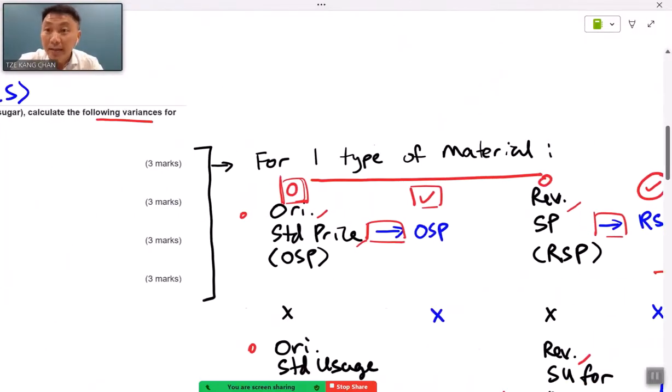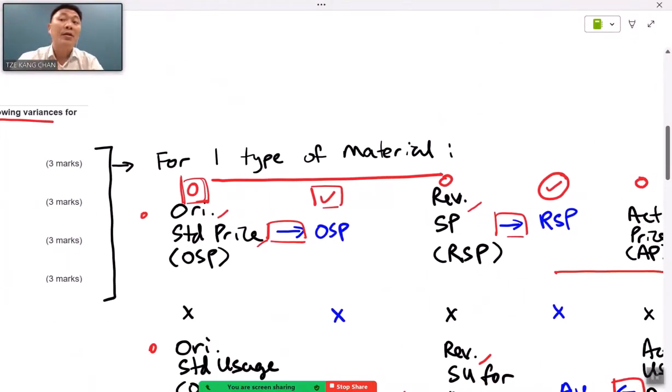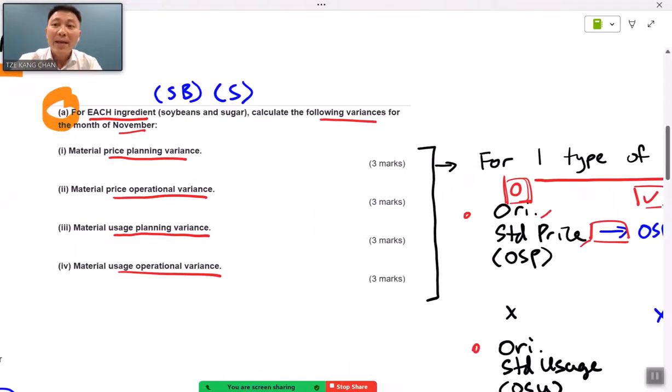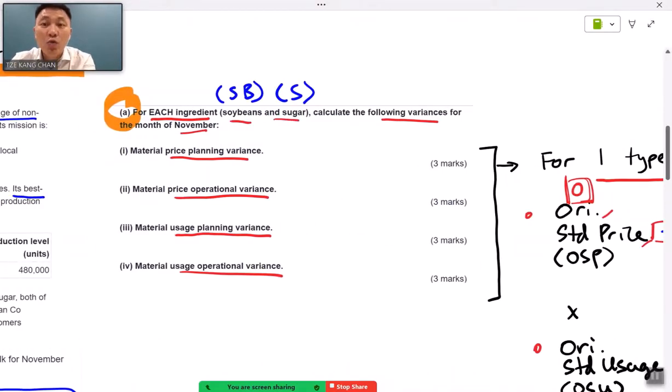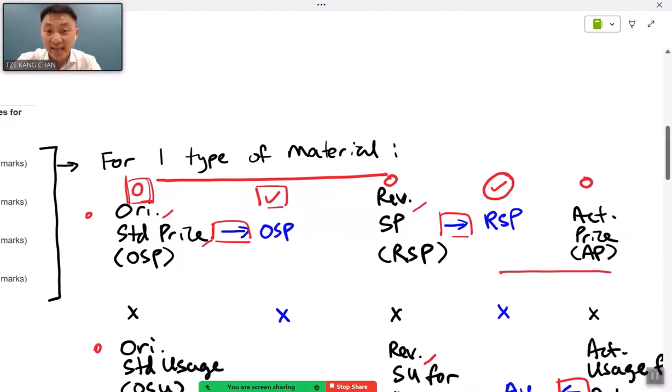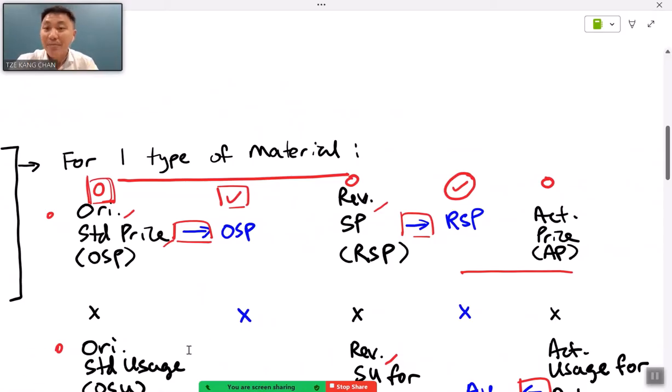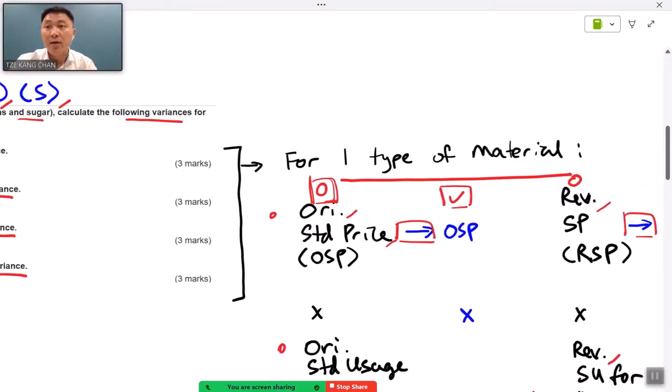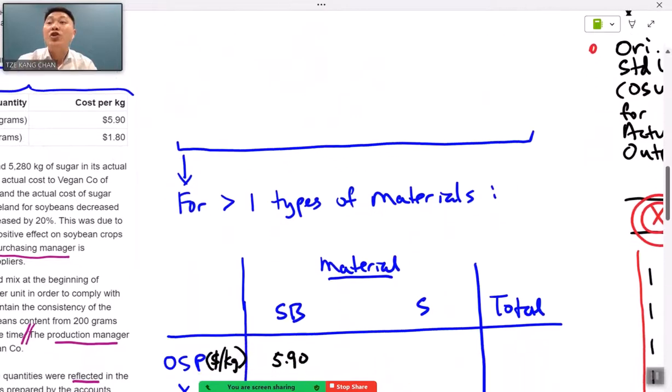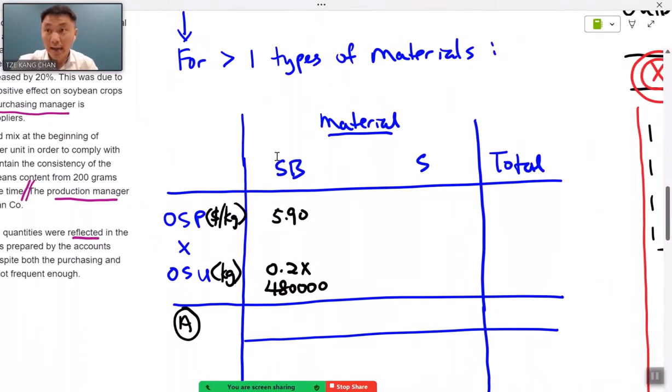This is a fundamental presentation based upon situations whereby there was only one type of material. Referring back to these questions, as there are 2 types of materials, namely soybean and sugar, let's refer to them as SB and S. To present the working, I would suggest instead of presenting the templates in this manner, it would be more practical to display all these workings in one column, and we will share the column across as many columns as needed according to the type of material.